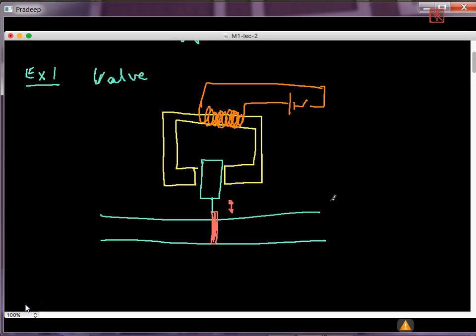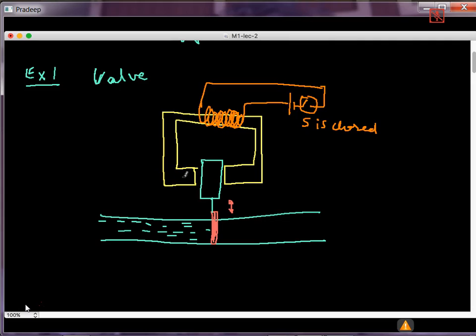Now there's a water flow. When I close this switch, when S is closed, current will flow in the winding and this whole core will become magnetized.